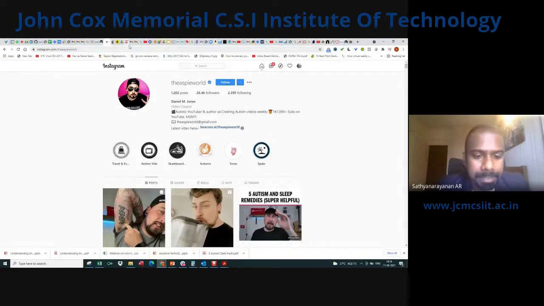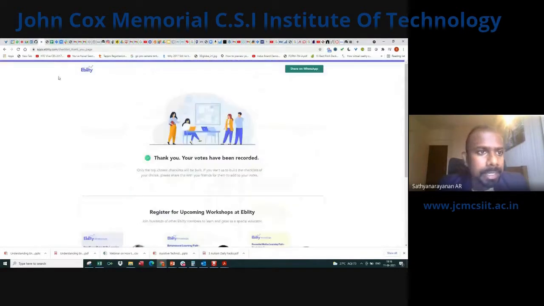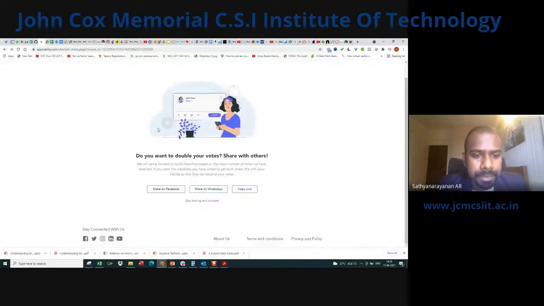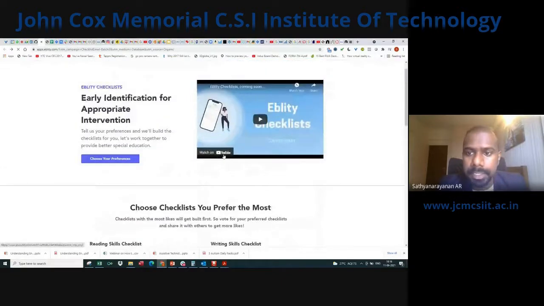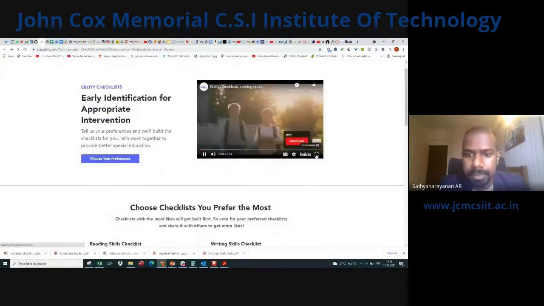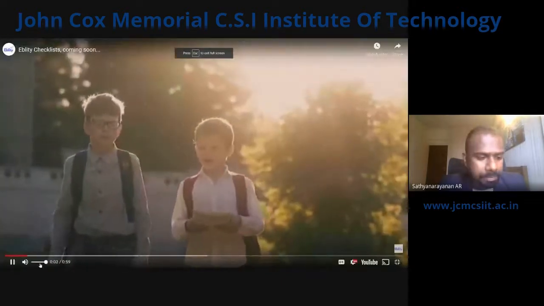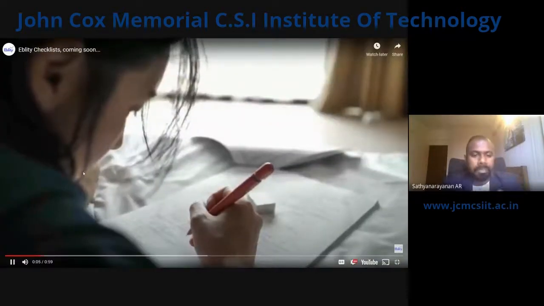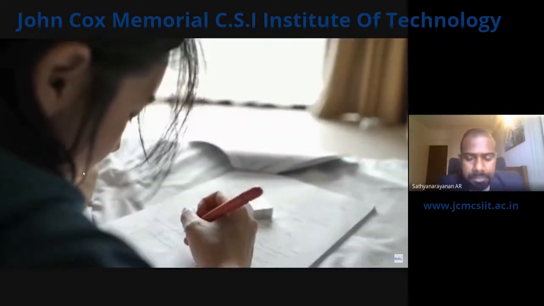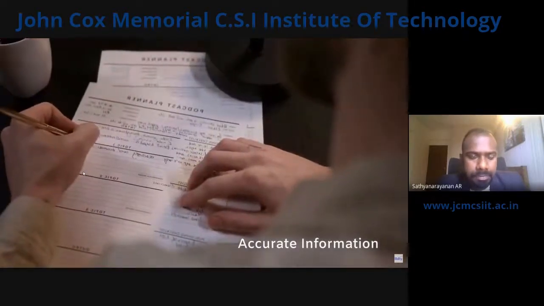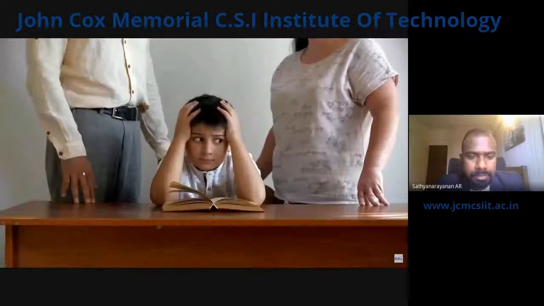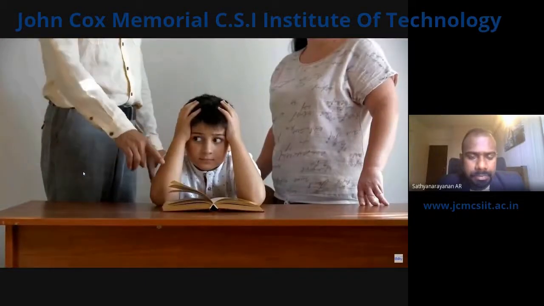There is something called Ability. I'll just show what they provide. There are various questionnaires here. Here you can see the checklist. If a student or your child is facing difficulty, it is hard to know where exactly the child needs help, and checklists are a good starting point to understand in greater detail the challenges faced by the child.